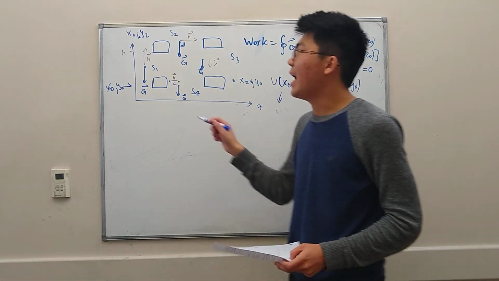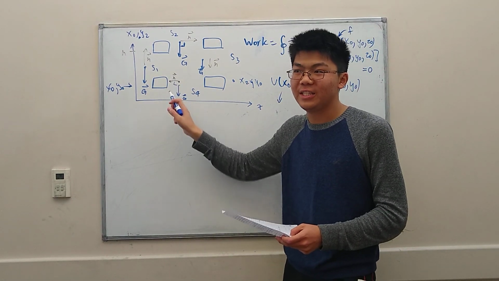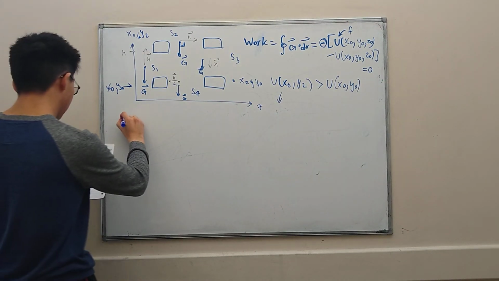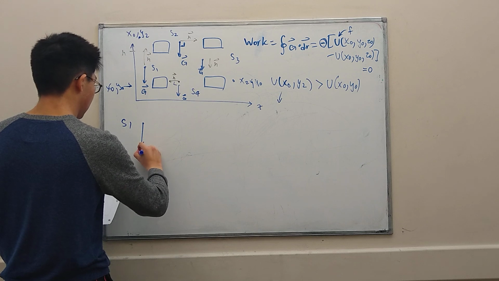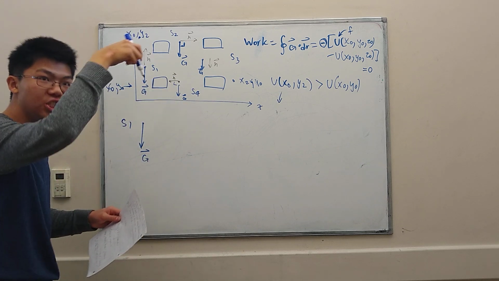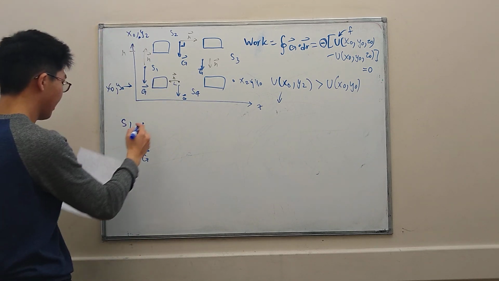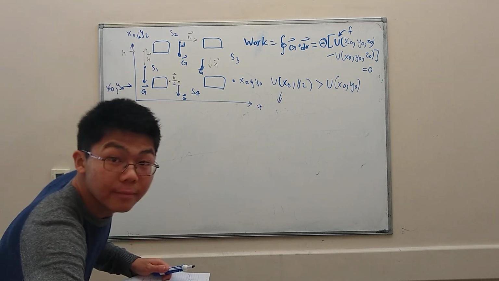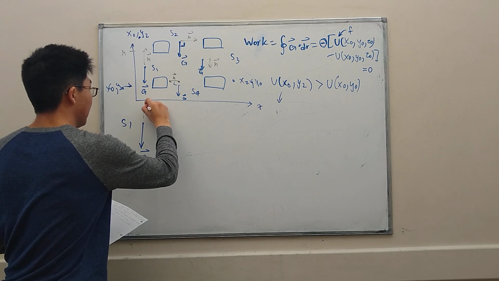Let me just focus on S1 here, because the value actually isn't 0. So, in S1, here's a gravity vector g pointing down. Here is our normal vector n going up.